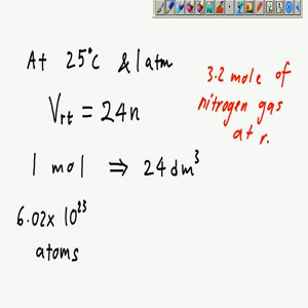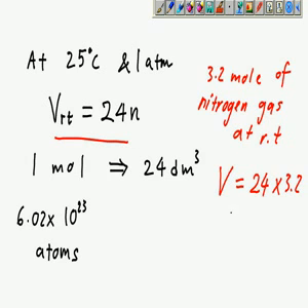I'm interested to find out the actual volume, so I use 24 times 3.2 based on this formula. 24 times 3.2, you can press with your calculator, and the answer is 76.8.